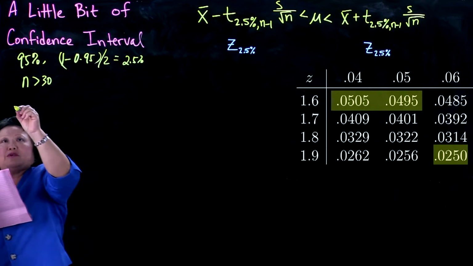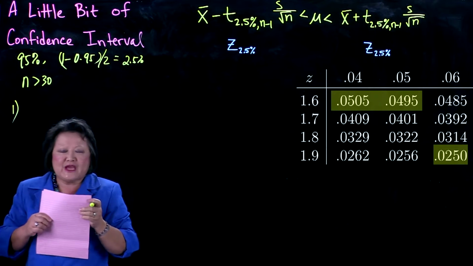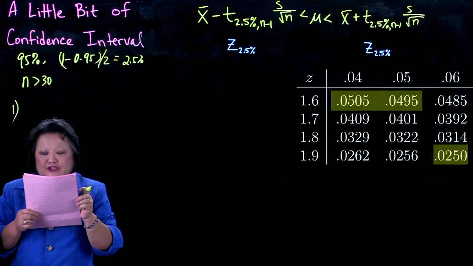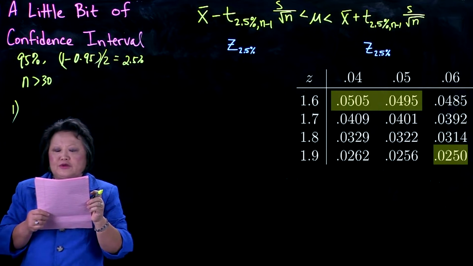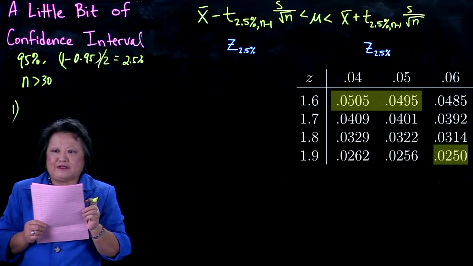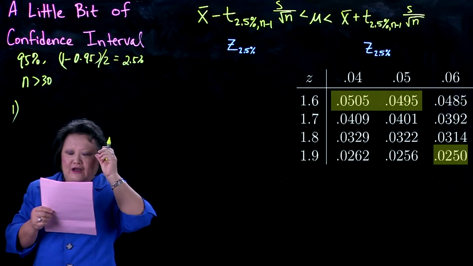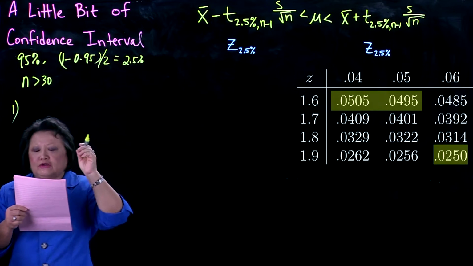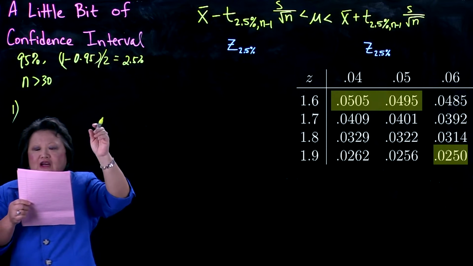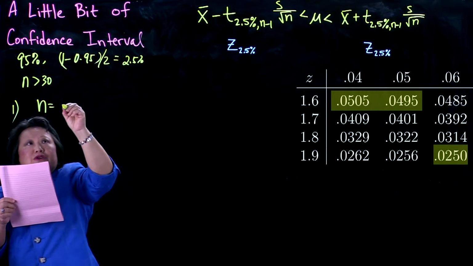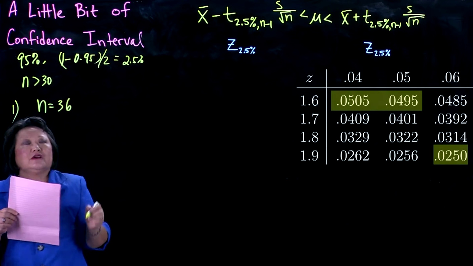So the first example says, I want to make sure the aspirin that I'm producing has a population mean that should be 325 milligrams per tablet. And they restrict this very stringently: too much, too little, it's not good enough. So I went out and did random sampling of the tablets I produced, and I had 36 tablets.